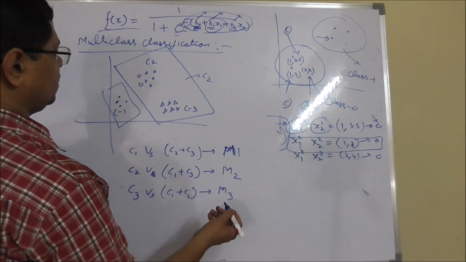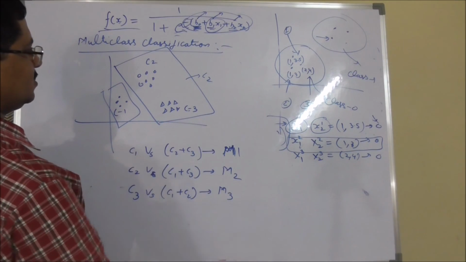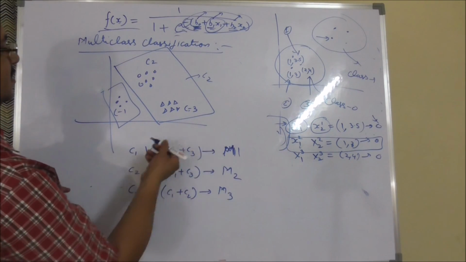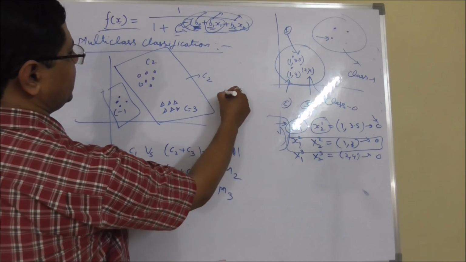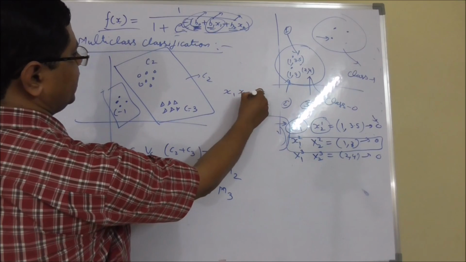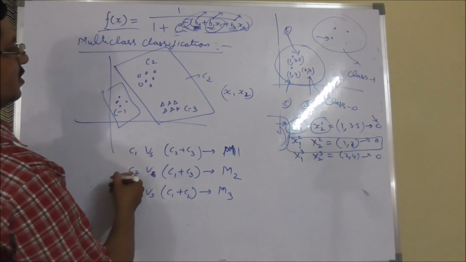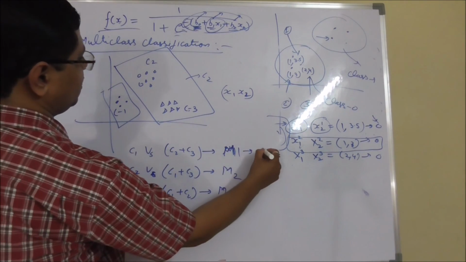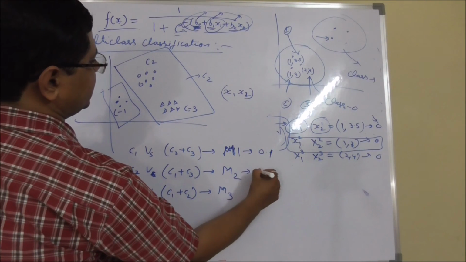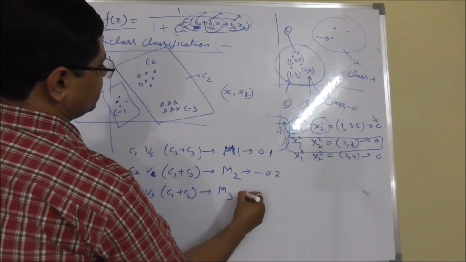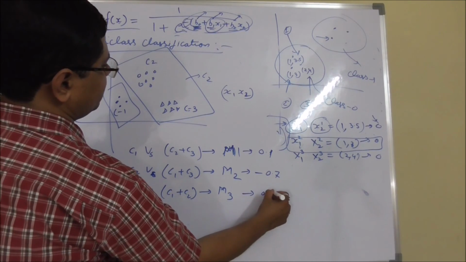Now after learning these models, we can easily check the class probability. Suppose for any data point x1 and x2, for this model we get the value 0.01. For this we get a value like 0.7. For this we get a value like 0.4.